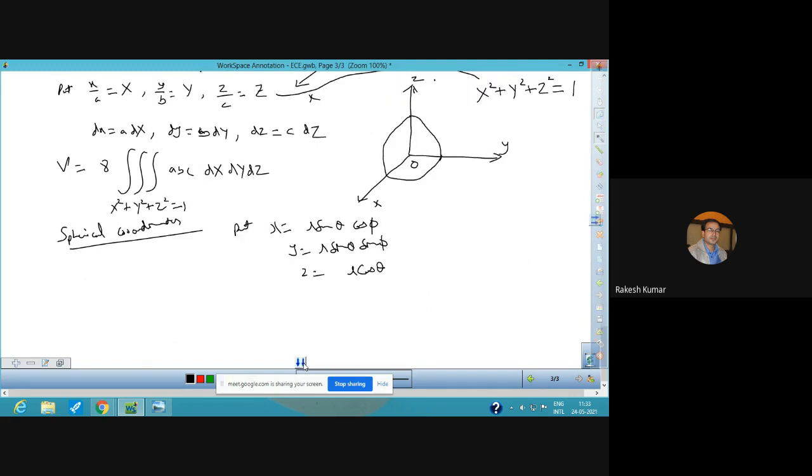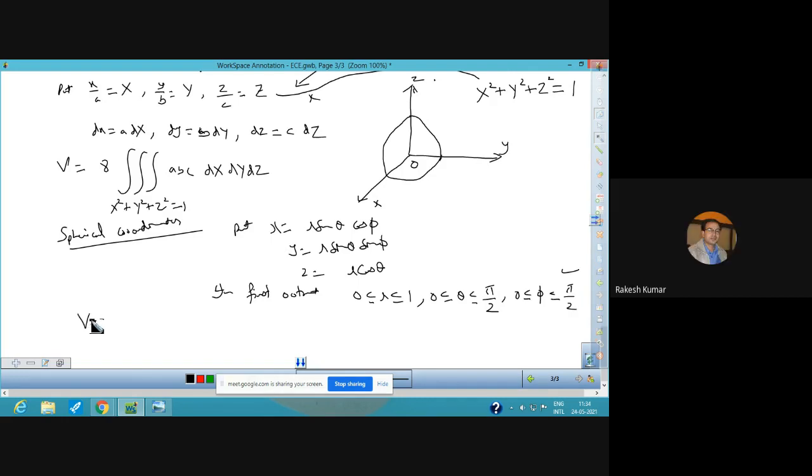In the first octant, the limits of integration are: r varies from 0 to 1, theta varies from 0 to pi by 2, and phi will also vary from 0 to pi by 2. Just see that limit.